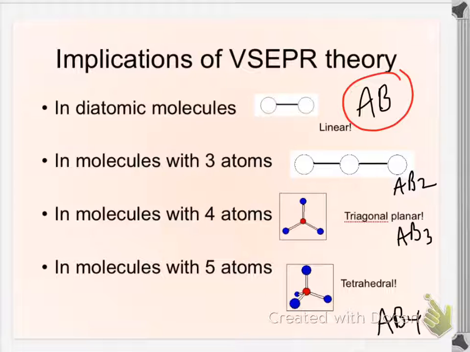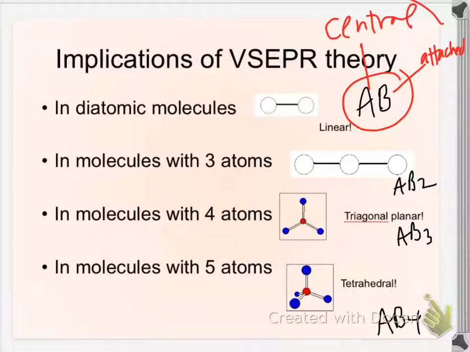When you've got 3 atoms, oh, and a note about this notation. That's notation you're going to see on the lab. A references the central atom. You should be writing this down. A references the central atom. B is anything attached to the central atom. Okay.